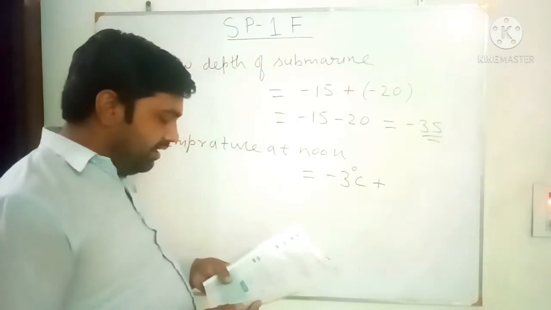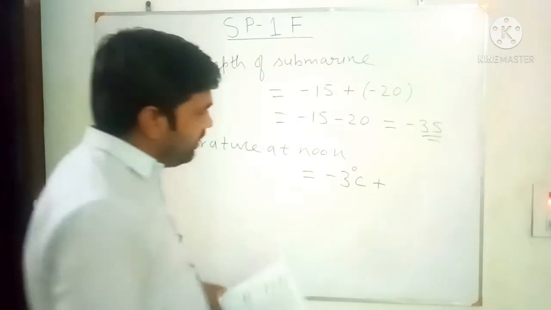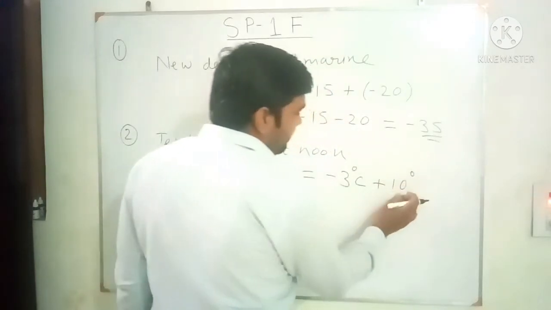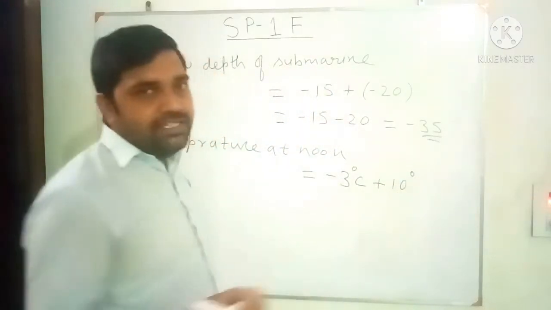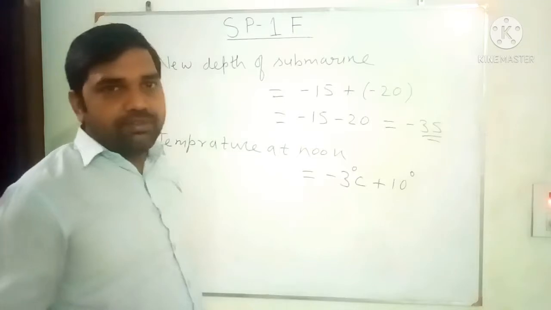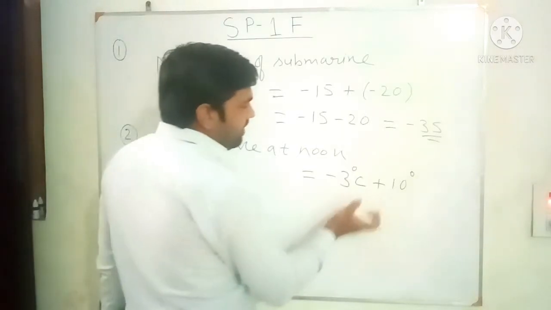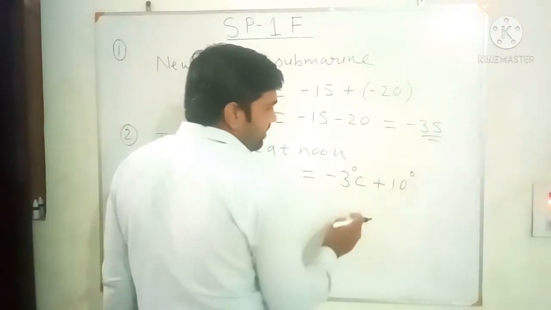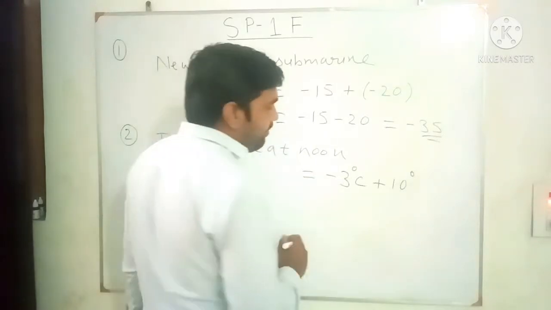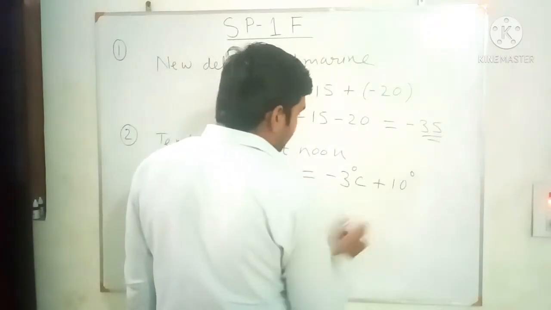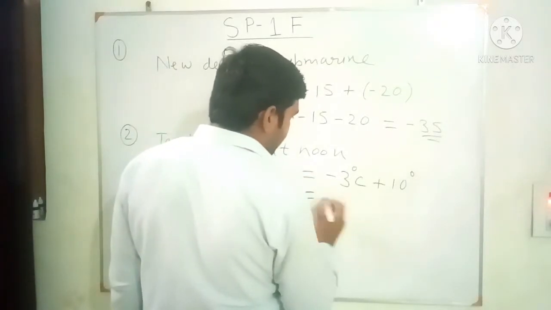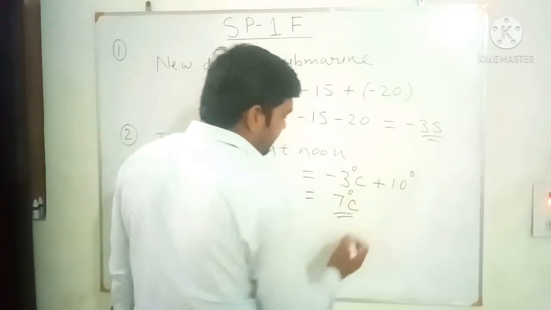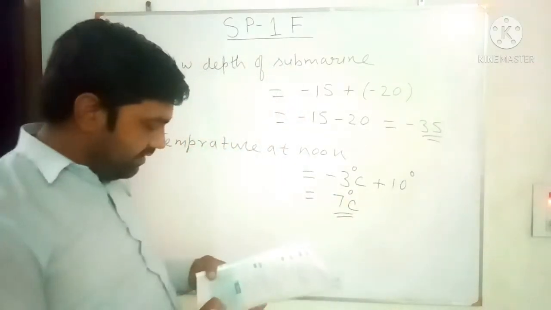Rose is the past form of rise, so the temperature rises by 10 degrees Celsius. Rise is represented by the plus sign, and fall is represented by the minus sign. So minus 3 degrees Celsius plus 10 gives you plus 7 degrees Celsius. The temperature at noon is 7 degrees Celsius.